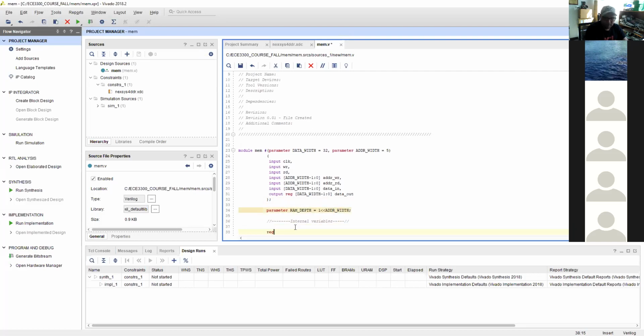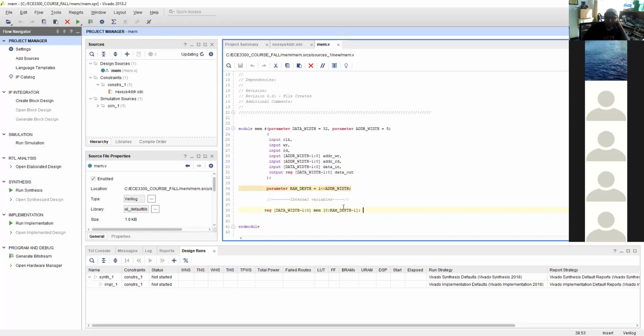Anyway, so I would say reg data width -1 to 0, memory 0 to RAM depth -1. So what I did now, I built the memory skeleton, which is basically a two-dimensional register. Every single location will be data width -1 to 0. And I started from 0 to RAM depth.